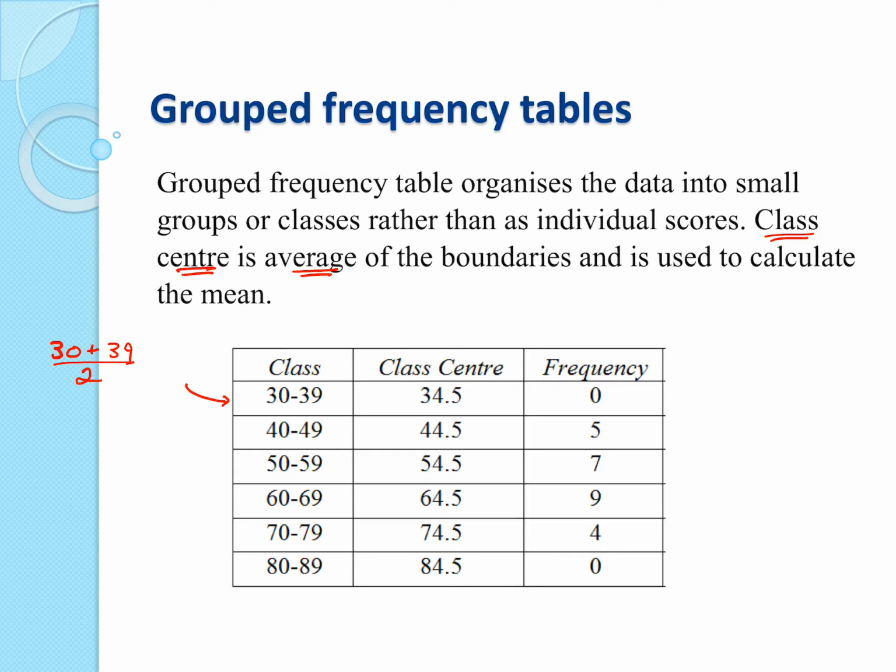When you calculate that, you'll get 34.5. And then the frequency is, we'll assume that this is data corresponding with number of people, even though we don't know. So there's actually 0 people that fall within the class of 30 to 39. There's 5 people that fall within the class of 40 to 49, and then so on and so forth.